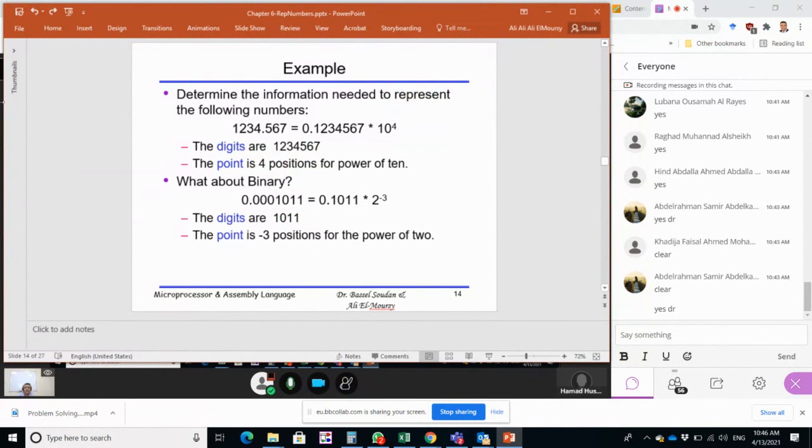Assuming that I want to represent this number in the floating point representation, the first thing to do is to normalize the number. What normalize means? You have to shift this decimal point to the most left. What happens to the number when we shift the decimal point to the left?